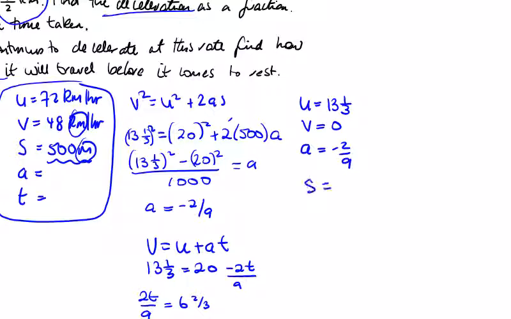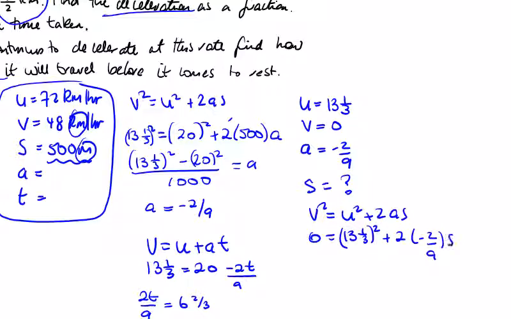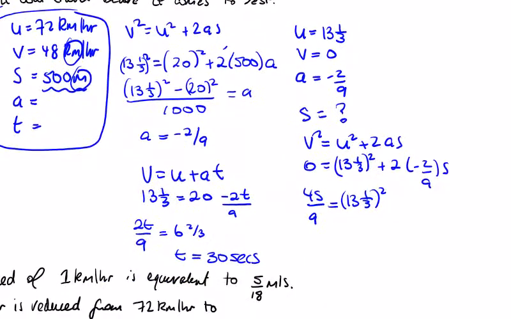And I can use, we're looking for s, v squared is equal to u squared plus 2as. 0 is equal to 13 and a third squared plus twice minus 2 over 9 by s. So I'm going to have 4s over 9 is equal to 13 and a third squared. So I'm just going to multiply that by 9 and divide it by 4. And I'm going to get s is equal to 400 meters.